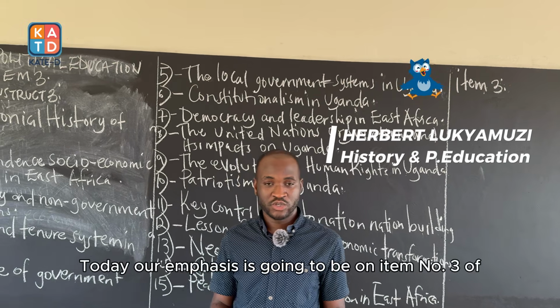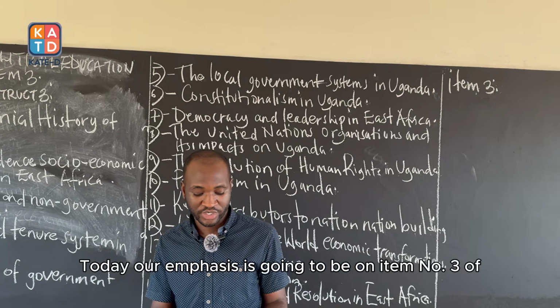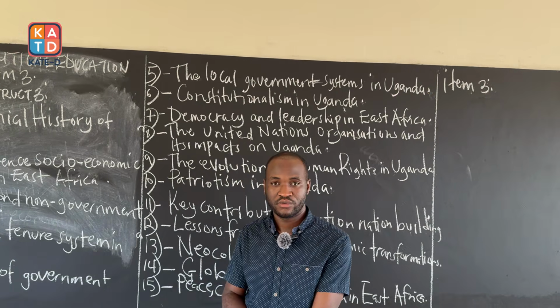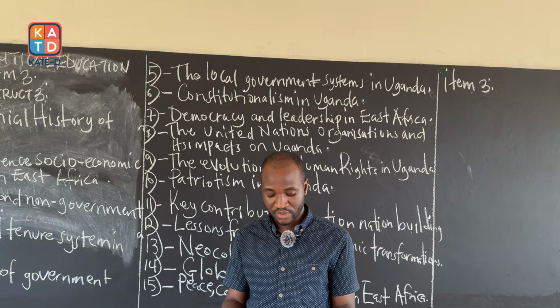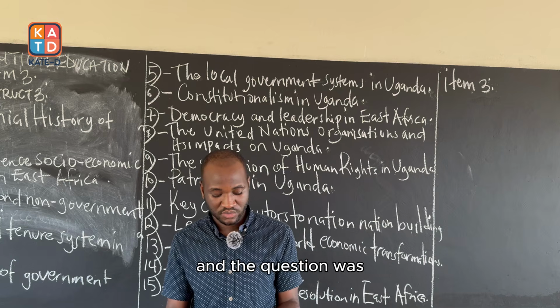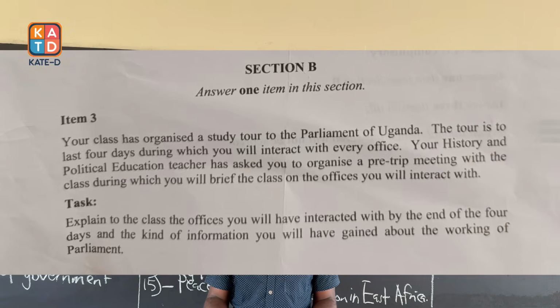Today, our emphasis is going to be on item number 3 of the UNEB 2024. And the question was, your class has organized a study tour to the Parliament of Uganda. The tour is to last for 4 days, during which you'll interact with every office.